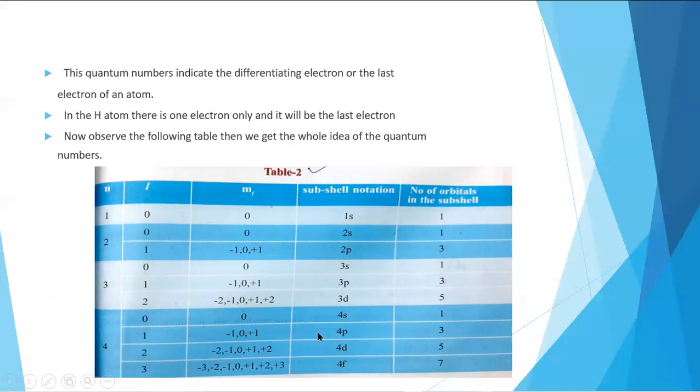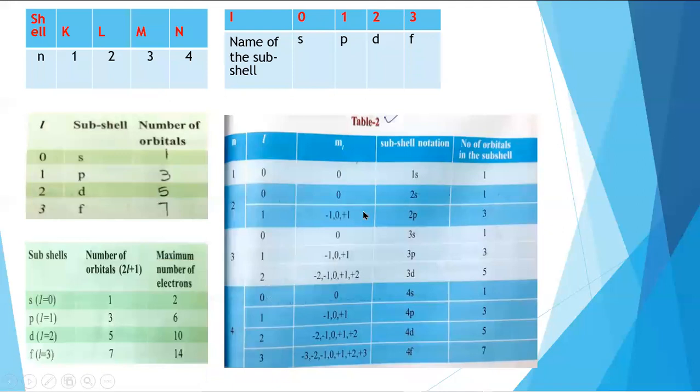We have already seen in the figure the different types of orbitals. These quantum numbers give very good information about the filling of the electrons. So children, see all the tables here.